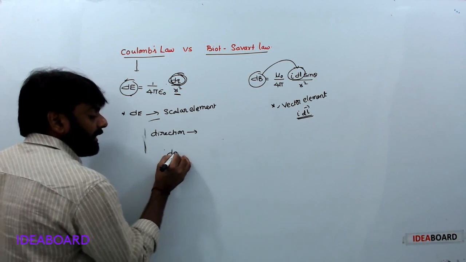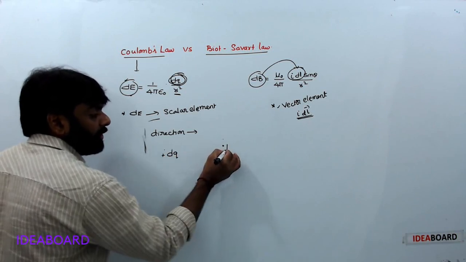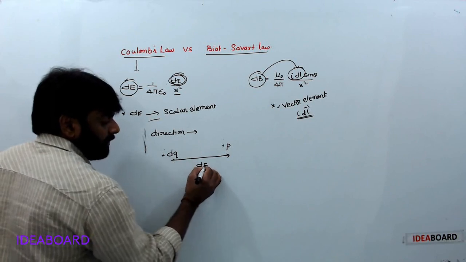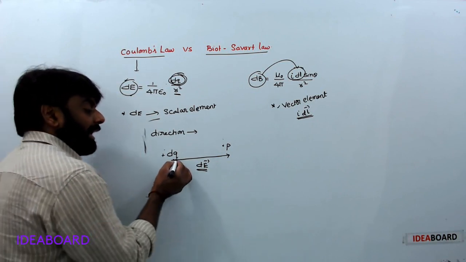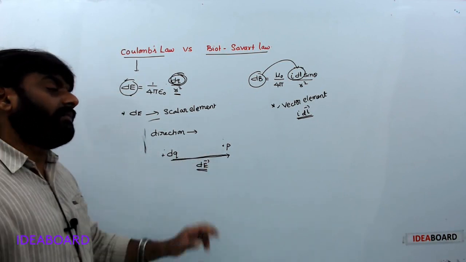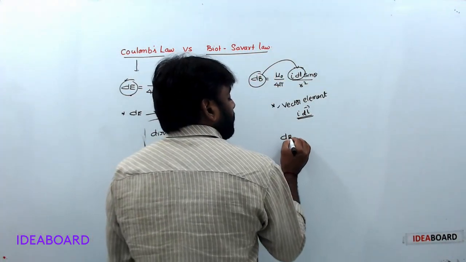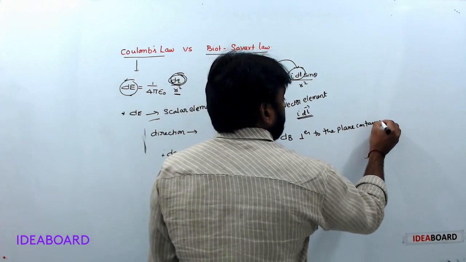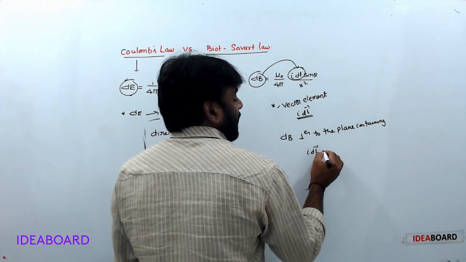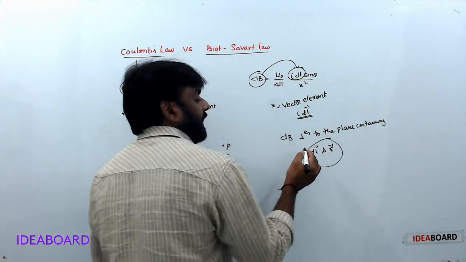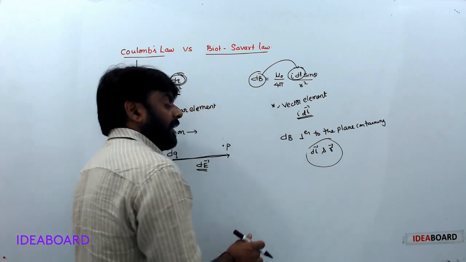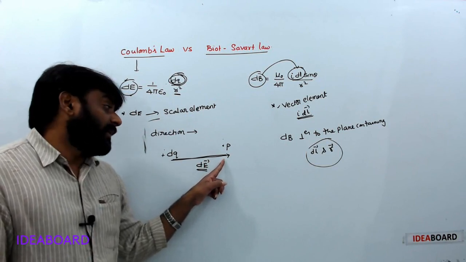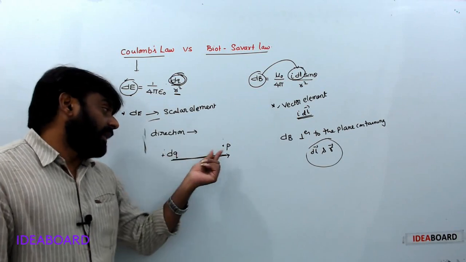For dq positive, dE bar is along this displacement vector joining the source and the point.